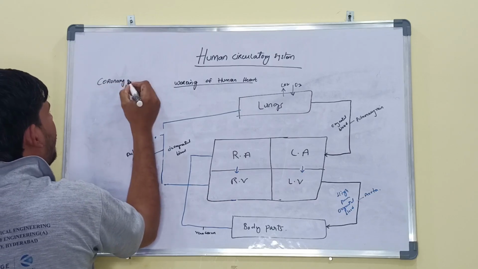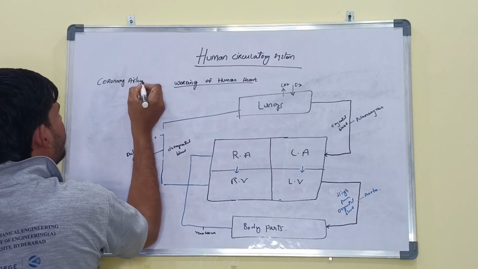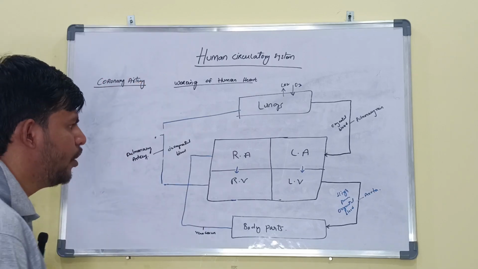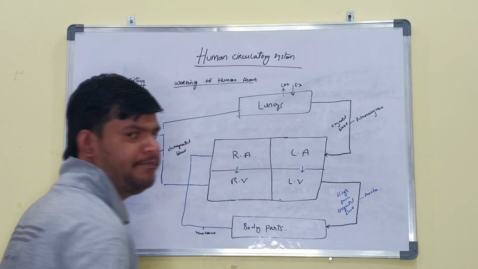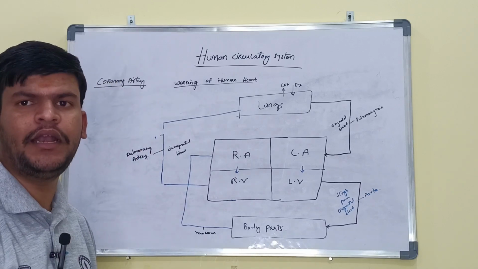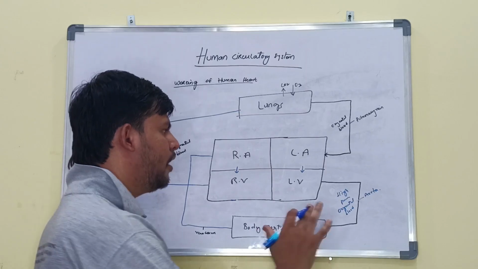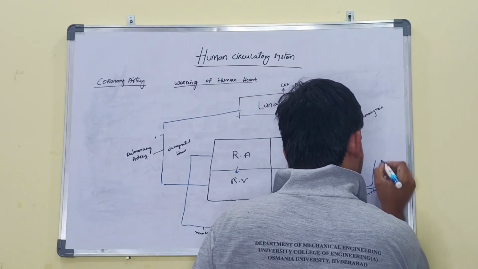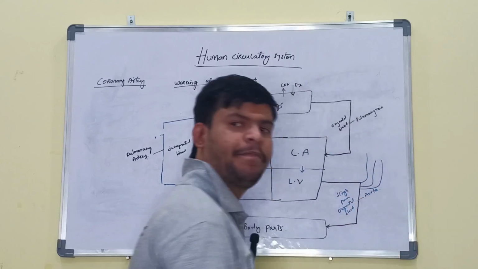Coronary artery. You can see the aorta. It is the largest artery present in the human body. From this aorta, the blood will be transferred to various parts of our body.